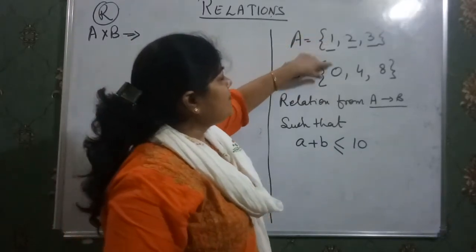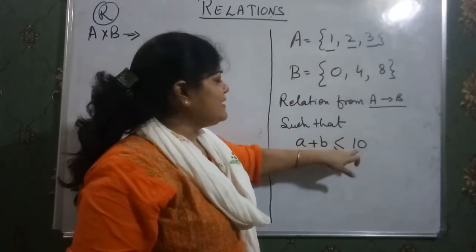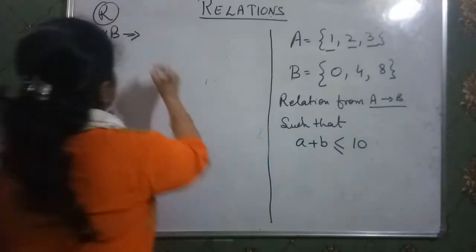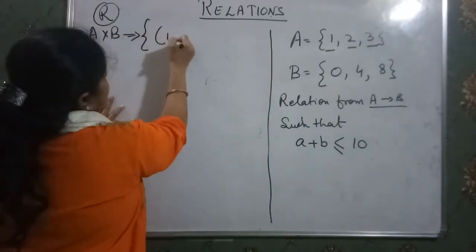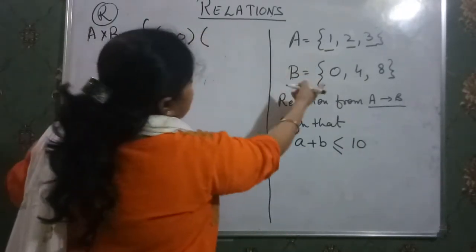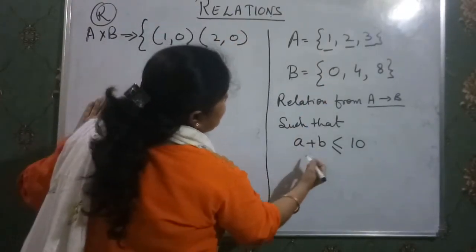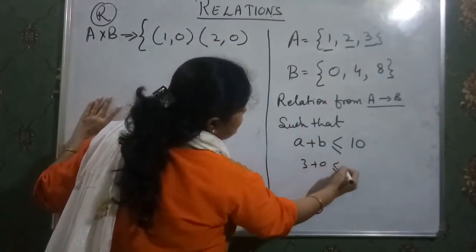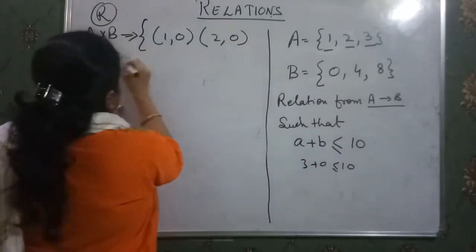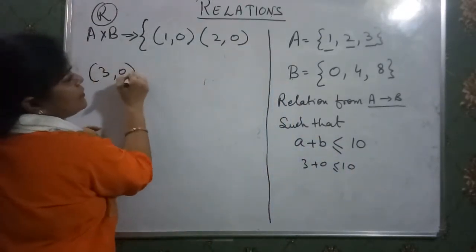If we take 1 plus 0, it is less than 10, so it can happen. So the first pair is 1 comma 0. Then 2 comma 0, it is also less than 10. Then 3 plus 0 is less than 10, so we take 3 comma 0.